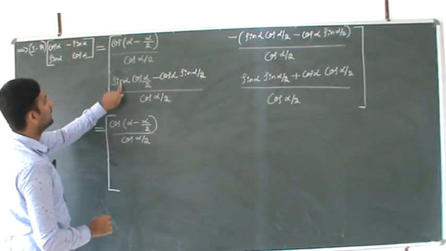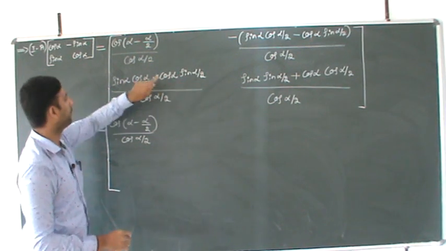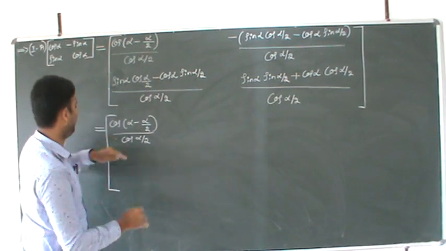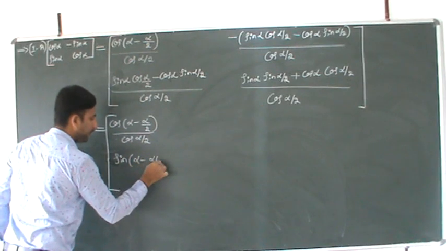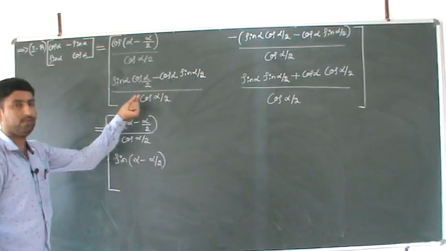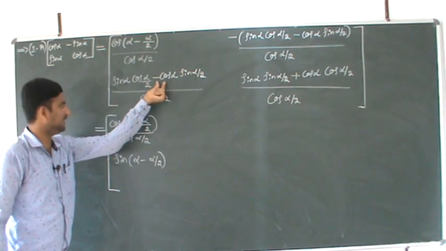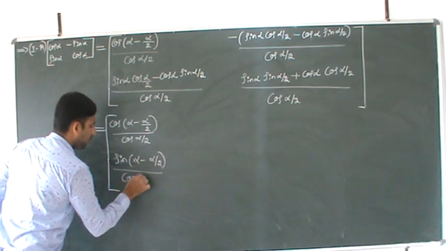It looks like sin A cos B minus cos A sin B, that is nothing but sin of alpha minus alpha by 2. You cannot change the sign, that is minus, as in the case of sin, whole divided by cos of alpha by 2.